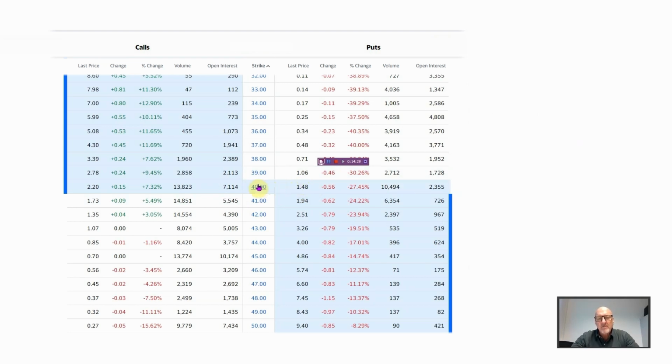And why do I buy it back when I could just let it go to 0? Well, maybe it's not going to go to 0. Maybe on Wednesday it's going to start falling and go right back up to 148 or closer to 148, or worst case it goes to 39, and then it'll be more than 148. So you want to close out the option as soon as possible.